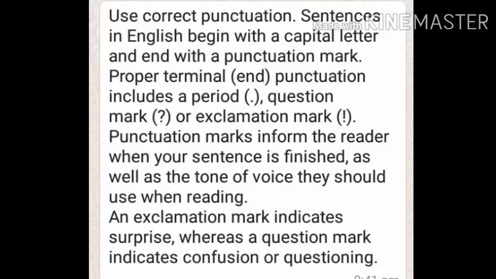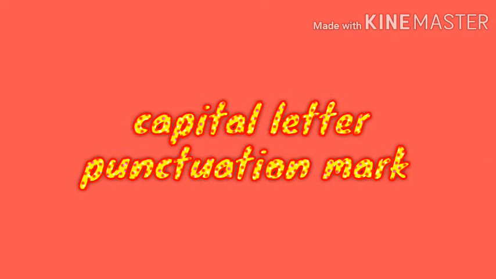Punctuation marks inform the reader when your sentence is finished, as well as the tone of voice they should use when reading. An exclamation mark indicates surprise, whereas a question mark indicates confusion or questioning. So my dear students, this was the second rule.